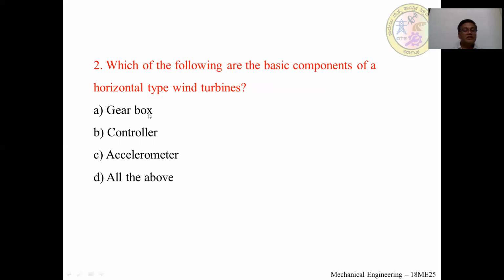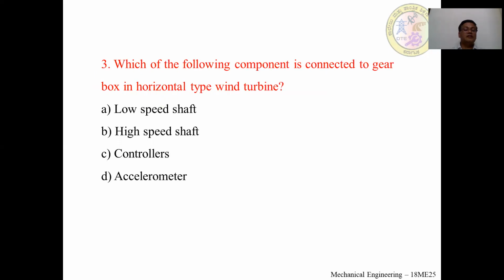The gearbox will vary the speed, it will convert lower RPM to higher RPM. The controller controls several mechanical devices. The accelerometer will measure the vibration level, which is related to turbulence. So the right answer is option D.